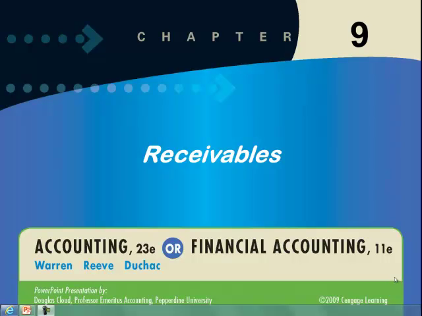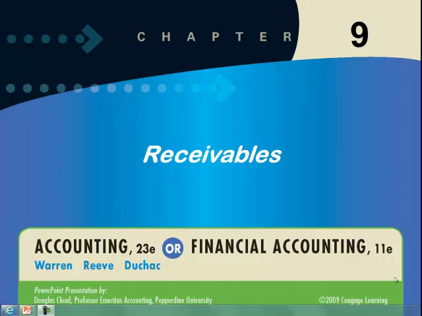We've got two methods to account for those that we look at in this chapter: the direct write-off method and the allowance method. The direct write-off method is the easy method, but you usually can't use it because if the number is a significant amount, you can't use direct write-off. You have to use the allowance method, which is more of an estimate every month of what you may not collect.